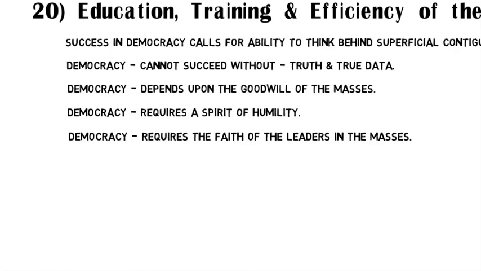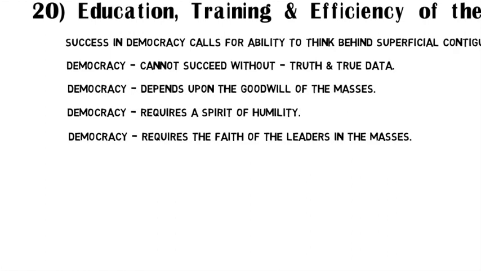If you want to have a successful democracy, what you need is education, what you need is training, what you need is efficiency of the people, and how one can achieve this efficiency, training, and education. And therefore we need to understand that democracy cannot succeed without truth and data. Data is the most important part of any democracy.